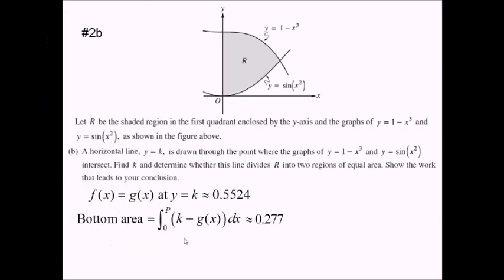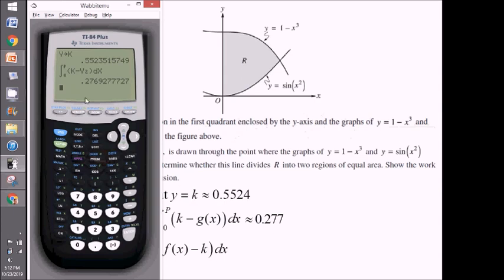And let me do the same thing again now for the top area. But now I'm going to have the integral from 0 to p of f of x minus that horizontal line k dx. Going back to the calculator, let me just yank my input from before. And I don't need the minus y2 anymore. I'm going to do alpha trace y1, and I'm going to do minus k on this one.